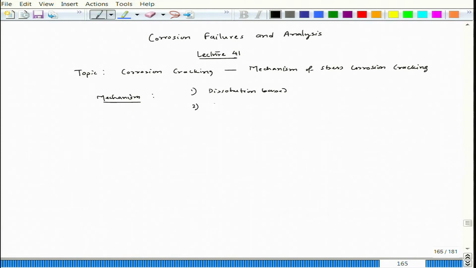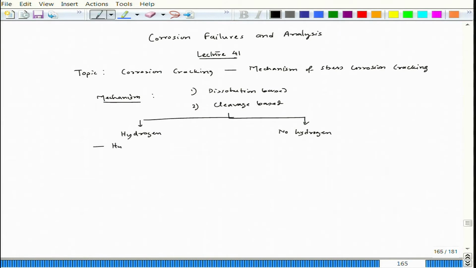The second one is cleavage based, which leads to a cleavage fracture surface. Now, that has two segments, as we have talked. One is related to hydrogen, another one is where no hydrogen is involved. And when hydrogen is involved, we have several other categories.